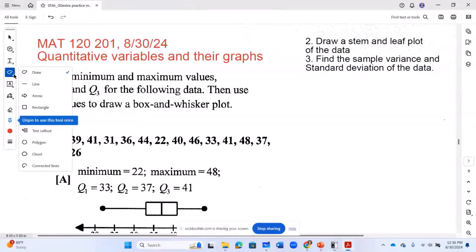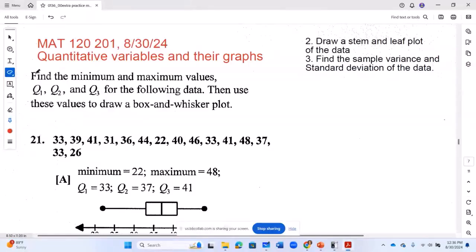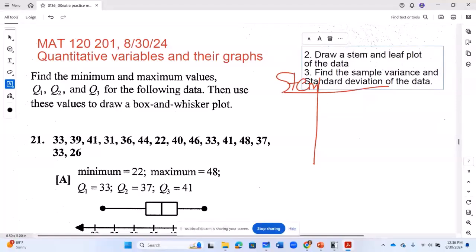All right, so I get a pen. I'm getting my pen now, so I can do a stem and leaf plot. I'm going to do a one digit stem and a one digit leaf.